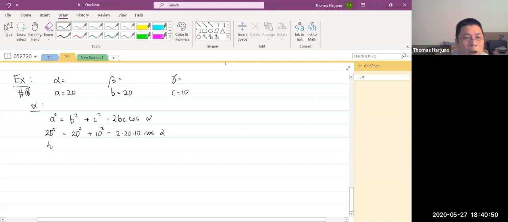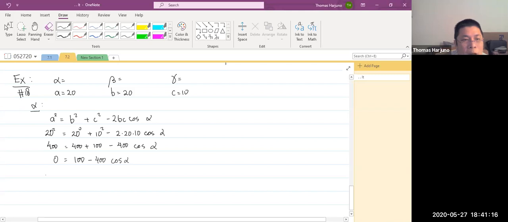So 400 equals 400 plus 100 minus 400 cosine alpha. Let me cancel the 400. Happens to be nice numbers here. So I get 0 equals 100 minus 400 cosine alpha.